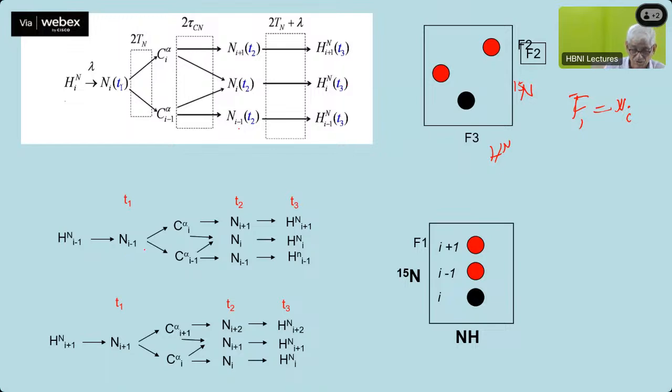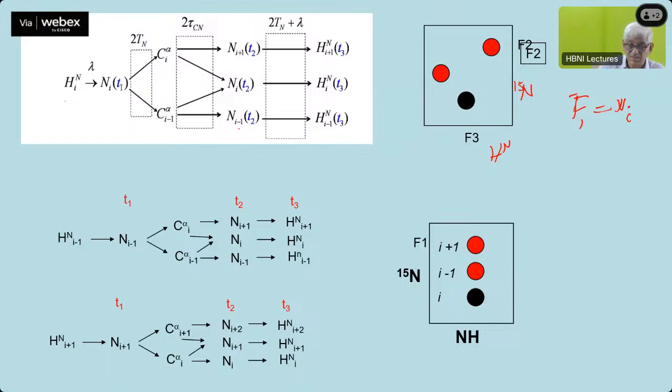Then I go to C alpha of I minus 1 and C alpha of I. Okay, N(I minus 1) to C alpha of I minus 1, that is the same. This one is the same. And this one is this one here. N(I minus 1) to C alpha of I minus 1 and C alpha of I, right.